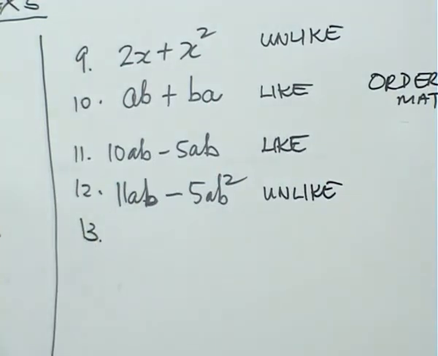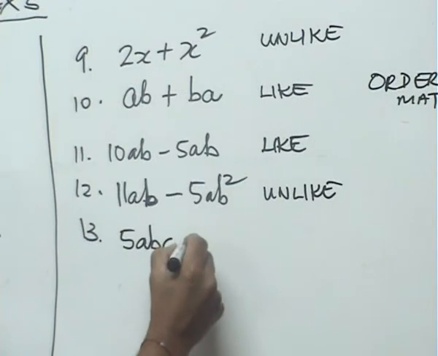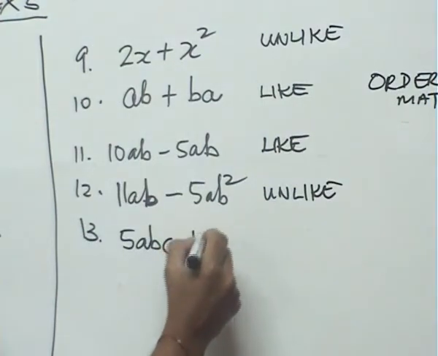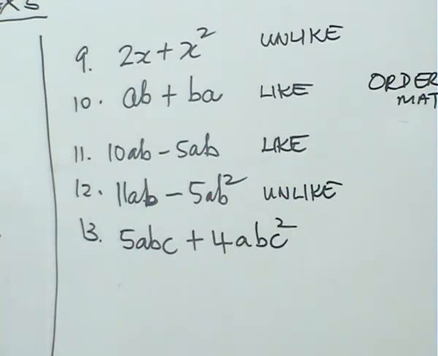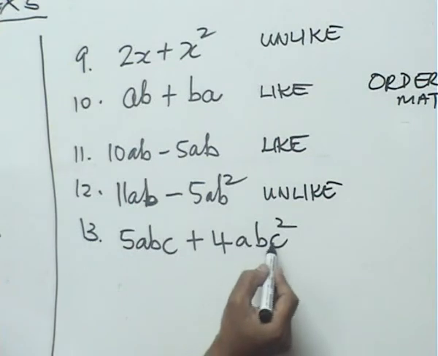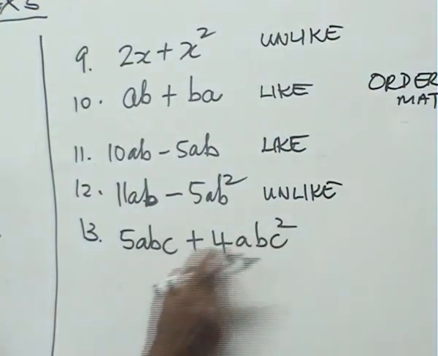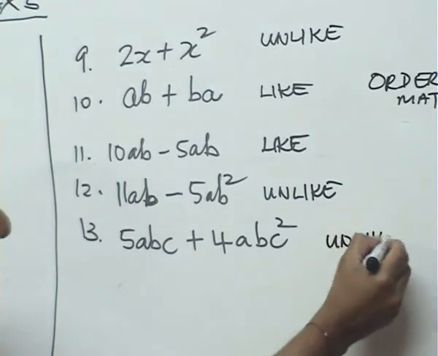Number 13. 5abc plus 4abc squared. Now if you study this example carefully, you got abc and here you got abc squared. So the powers are not the same. Therefore the answer is unlike.